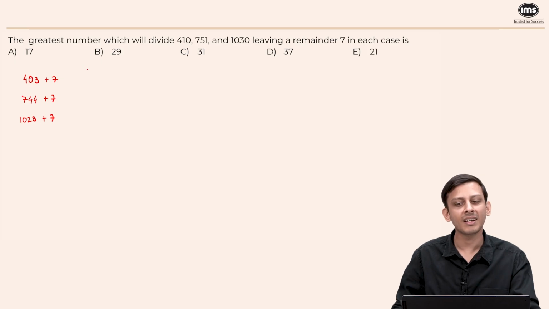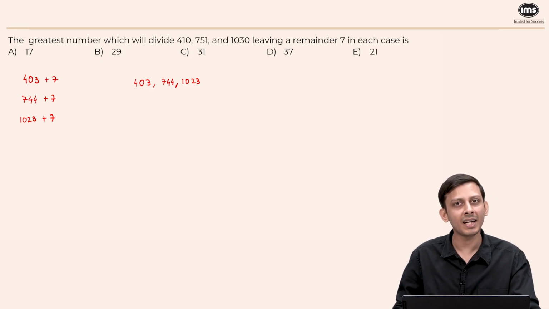Now 7 will be the remainder in each case, which means the other values, 403, 744 and 1023, will be divisible by the number that we are dividing by.